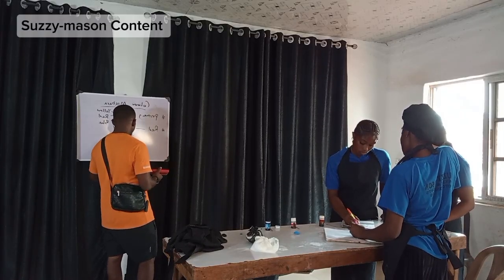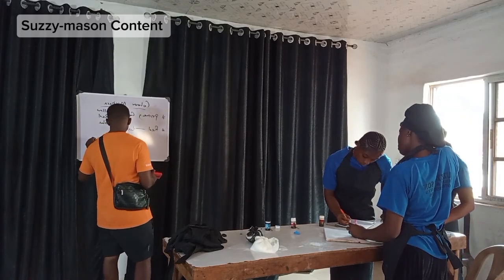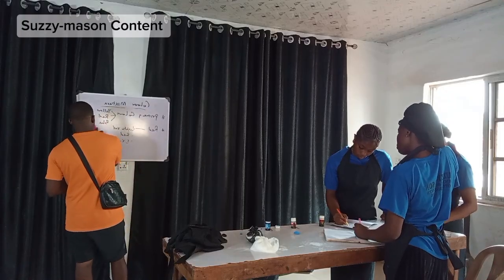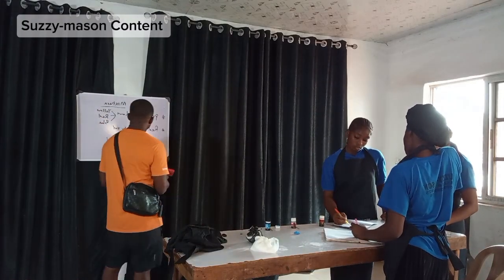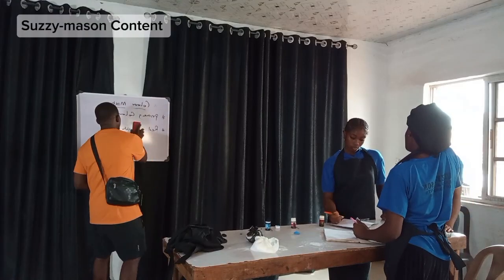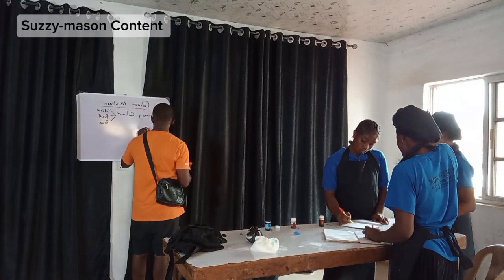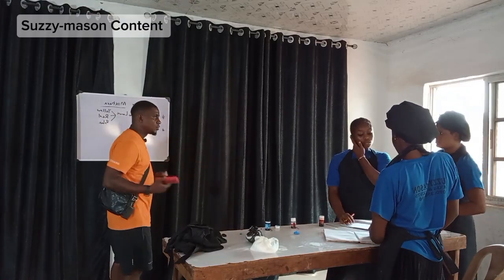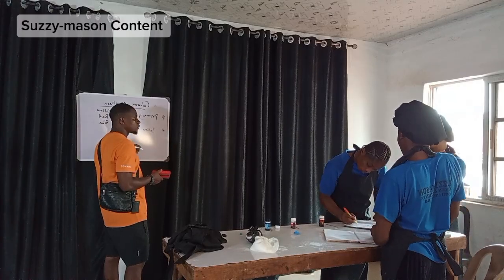There are so many shades. I was just giving them the basics. Now I have a color chart whenever I teach this set of beginners. This is a new set of beginners, so I'm guiding them from scratch. I give them color charts from which they can identify colors.